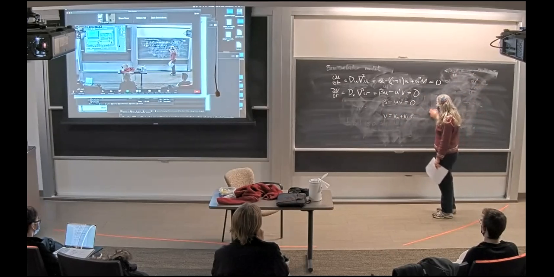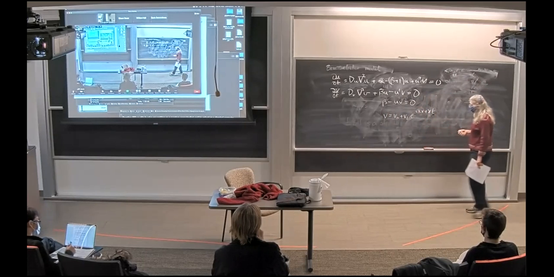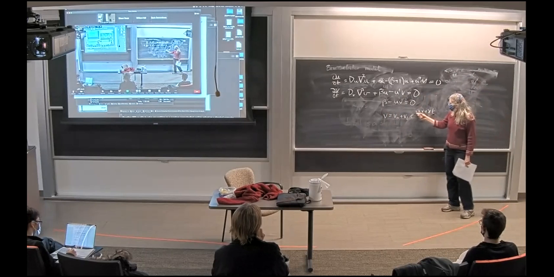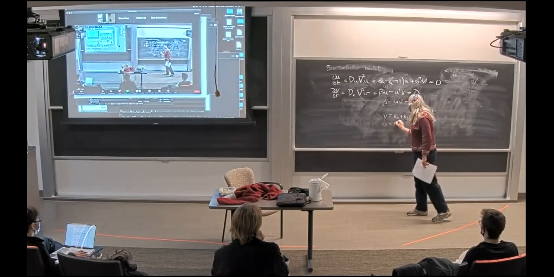Or actually, maybe even better, I should write i kx plus gamma t. That is oscillating in x, and it has some growth rate in t set by gamma. And do the same thing for u.